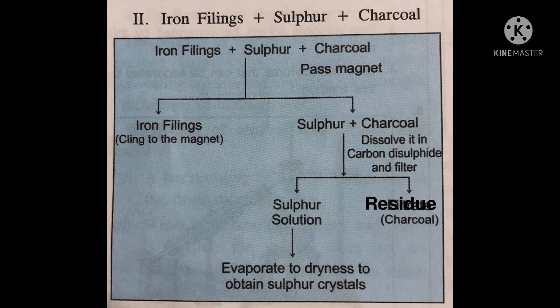So we will use carbon disulfide in this mixture, which will dissolve the sulfur while charcoal remains undissolved. So by filtration charcoal is left as a residue and sulfur solution as a filtrate, which on evaporation gives sulfur crystals.